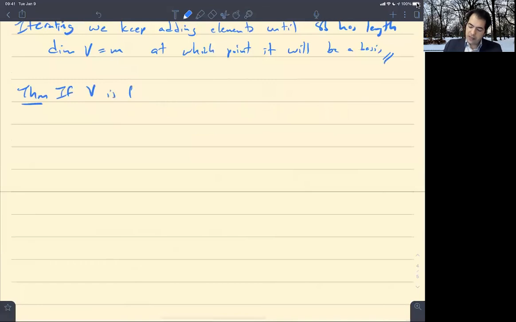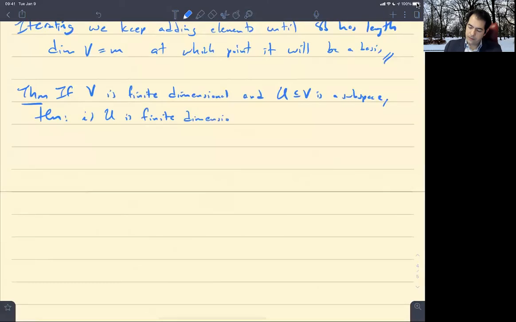So if V is finite dimensional and U is a subspace, then U is finite dimensional, the dimension of U is less than or equal to the dimension of V, and if the dimension of U is equal to the dimension of V, then U is equal to V.